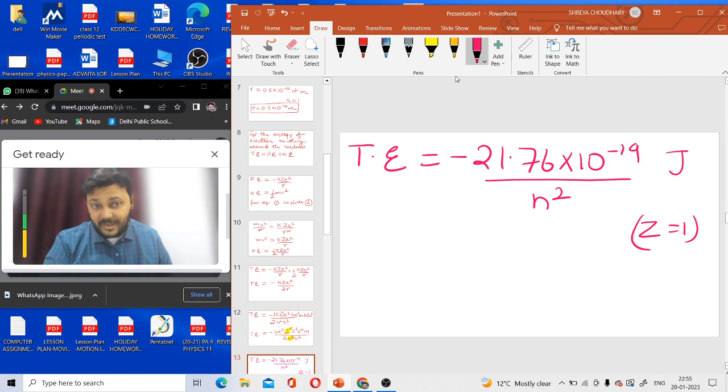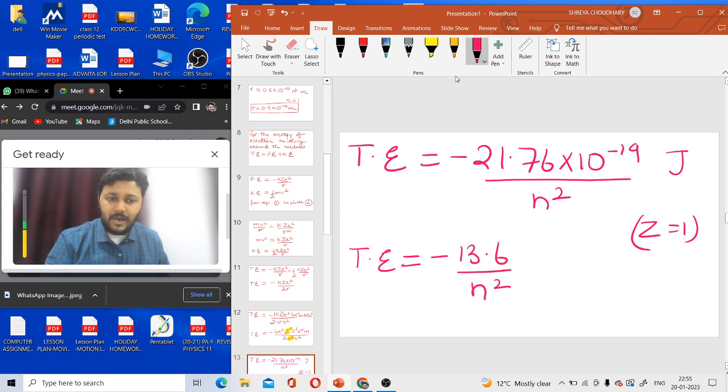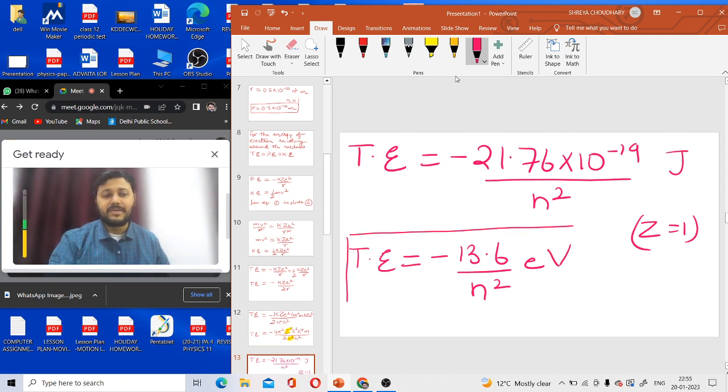When we figure out this value in terms of electron volt, the value will be minus 13.6 upon n² electron volt. This will be the final value we calculate.